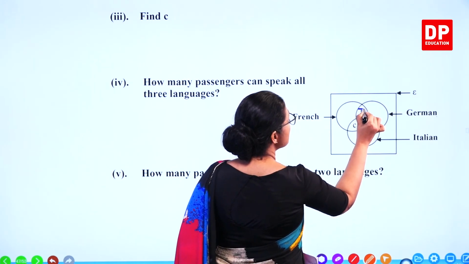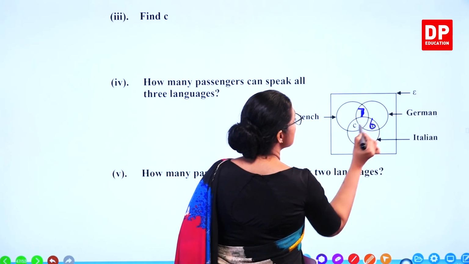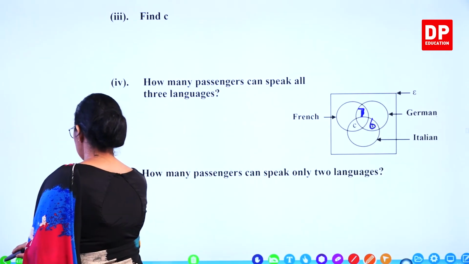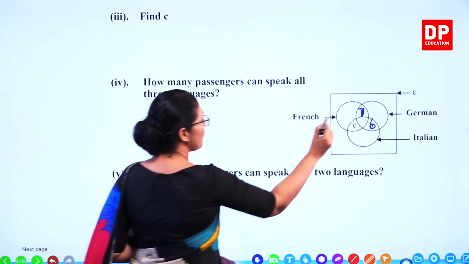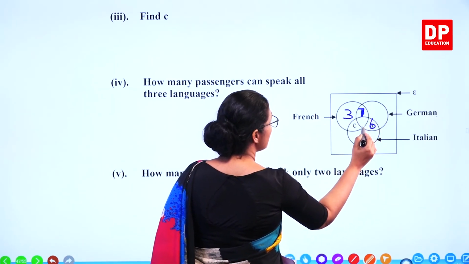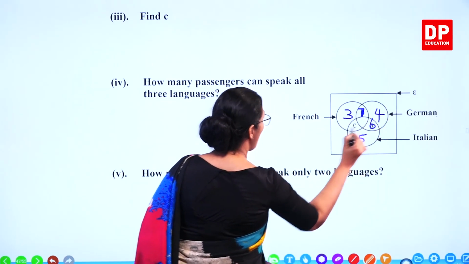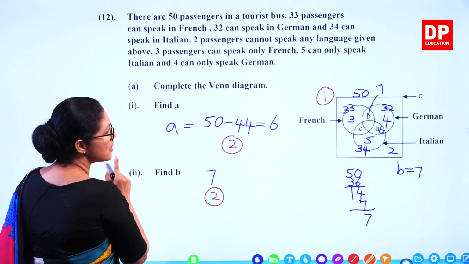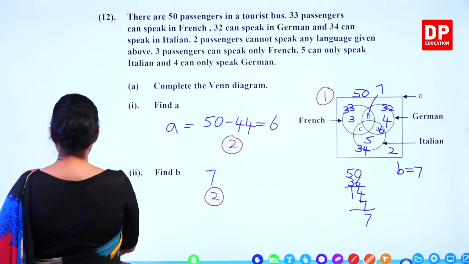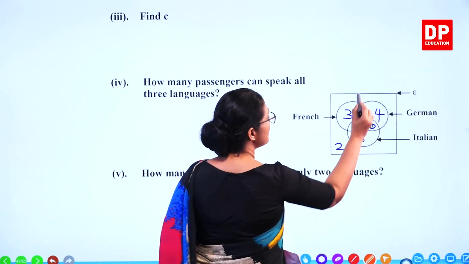So we found this is 7, this is 6. And what are the other values? 3, 5, 4. And 2 outside. And this is 50.